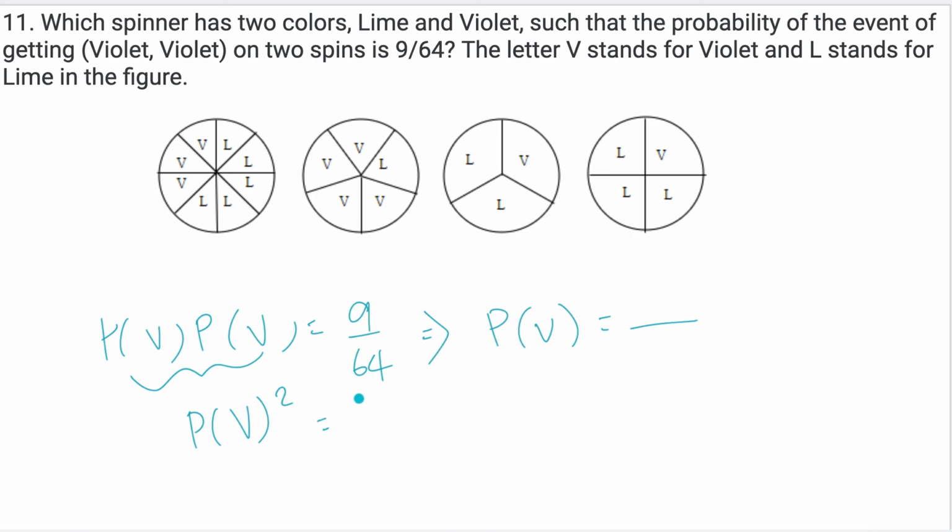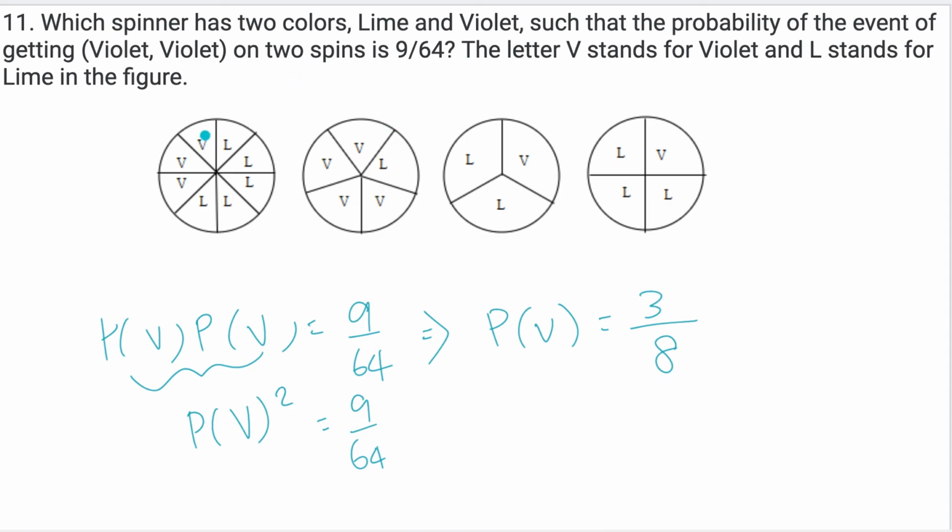That squared is 9/64. So the probability of getting violet should be the square root of 9, which is 3, over the square root of 64, which is 8. So you need to find what represents violet, 3 out of 8, right?